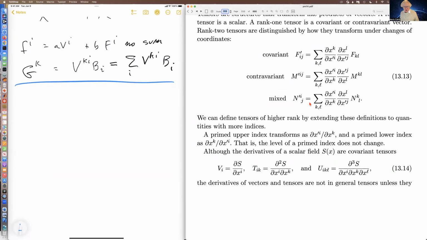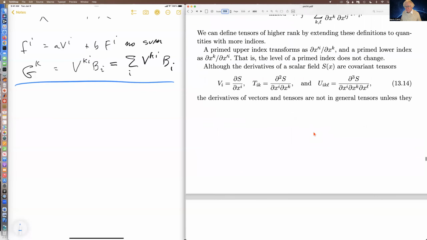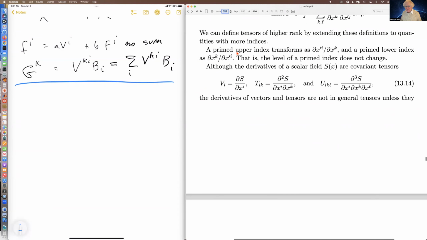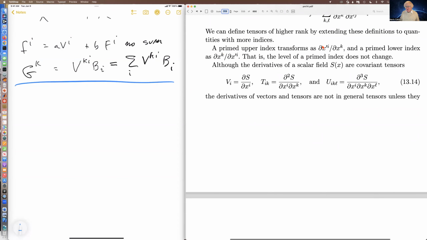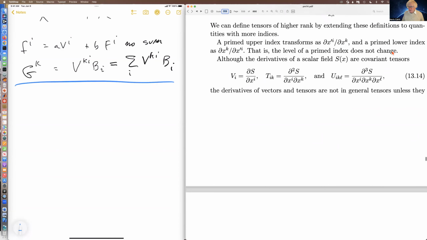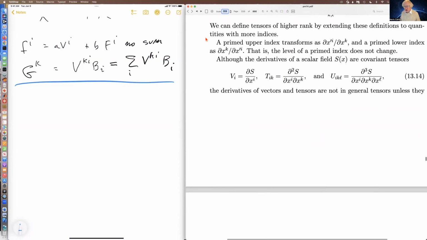Here again, we're summing over K from 0 to 3. Another way of saying that is how these indices transform: a primed upper index transforms this way, a primed lower index transforms that way. So the level of a primed index does not change.